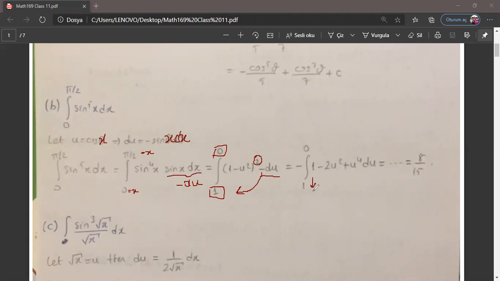This gives you u, then u to the 3 over 3 times 2, plus u to the 5 over 5. There is no constant because it's a definite integral. Then you evaluate it from 1 to 0, but you have the minus outside of the integral. So you plug them in and get this result.